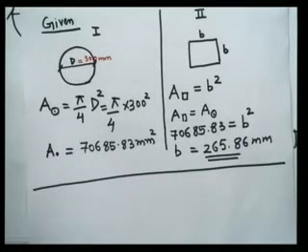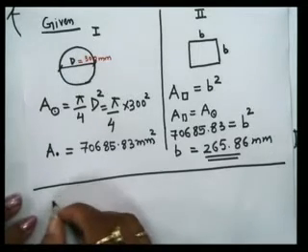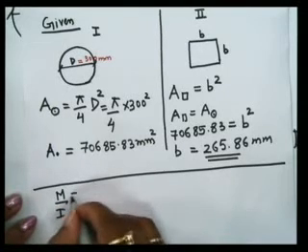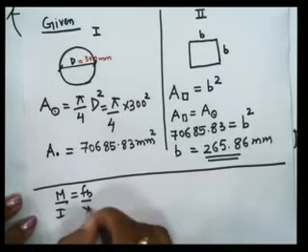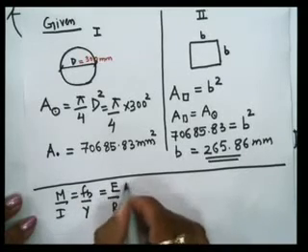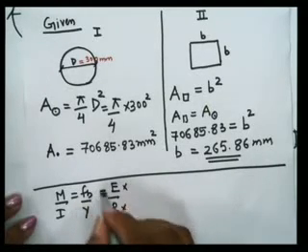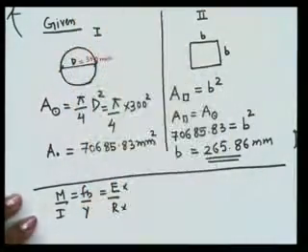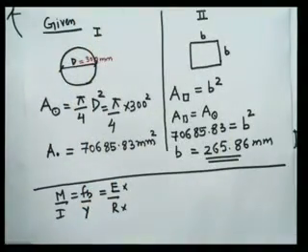Now we have to compare the moment of resistance. So what is our equation? M upon I is equal to Fb upon y is equal to E upon R. Again, no E, no R is needed, as it is made up of the same material.